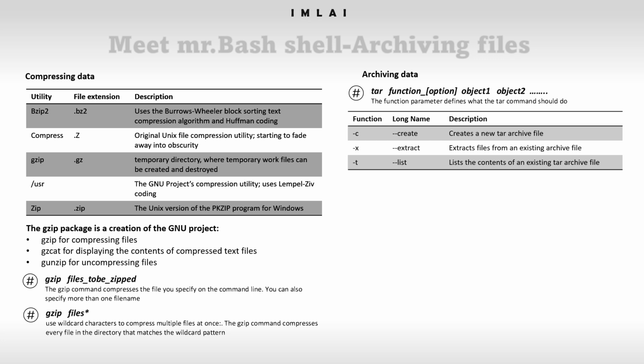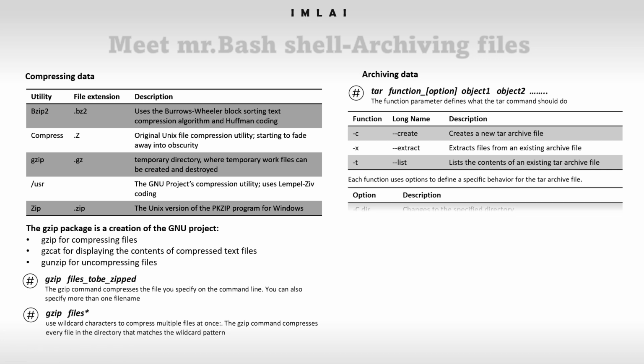The first one, the c option, long name create, creates a new tar archive file. x extracts files from an existing archive. t lists the contents of an existing tar archive file.